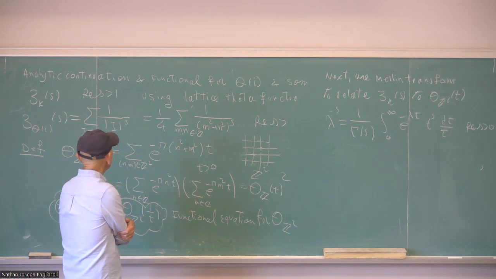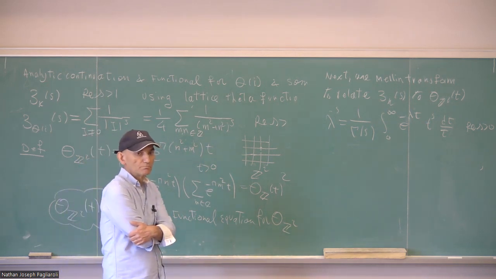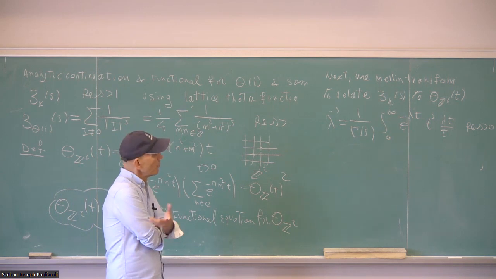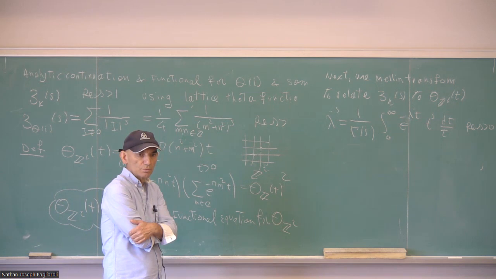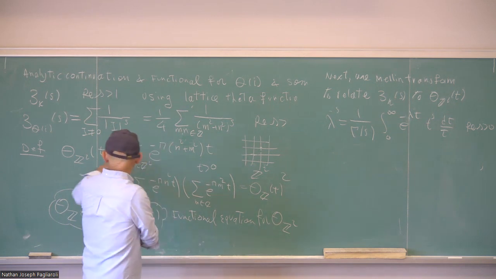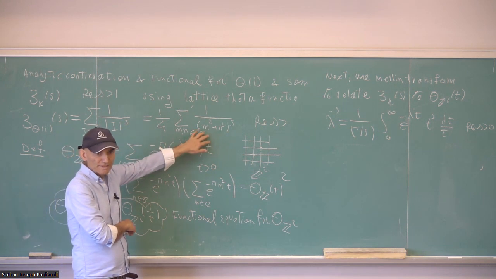We just sum, but we don't want just m. We want m squared plus n squared for all m and n, because we have to produce this zeta.